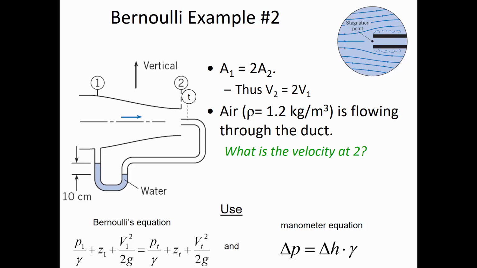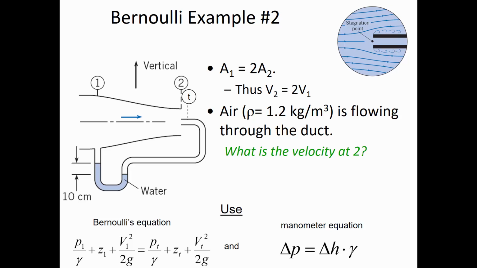So that's the manometer equation, and so we can solve for the difference in pressure that's observed. In other words, if we rearrange this equation, we have P sub t minus P1 is equal to delta H times gamma. And we can calculate that because we have measurements.